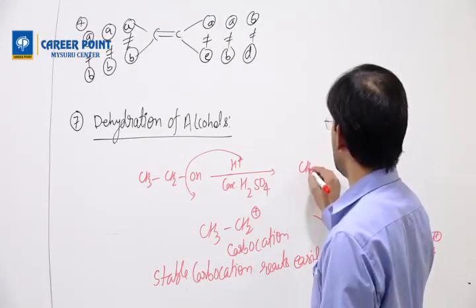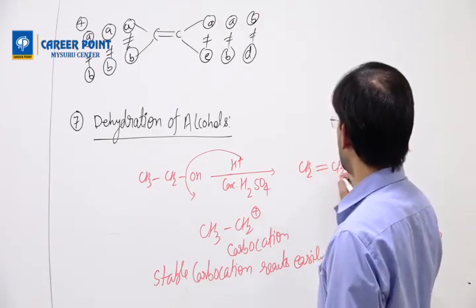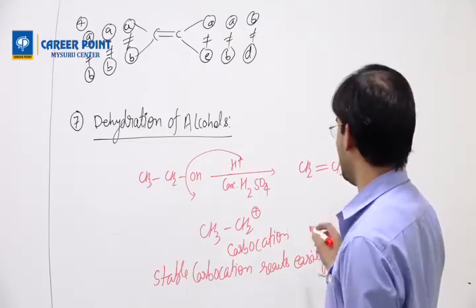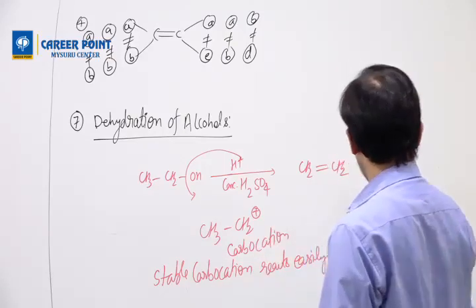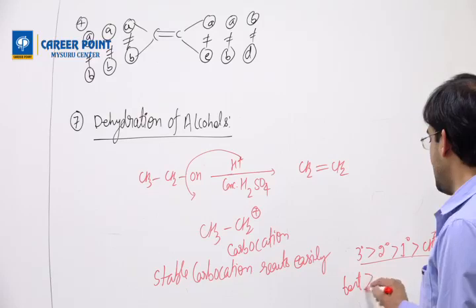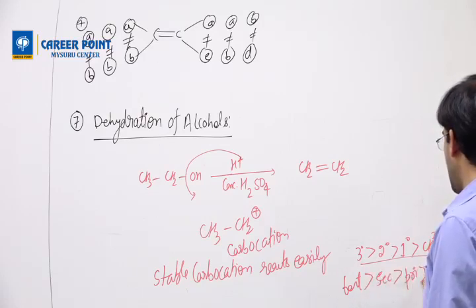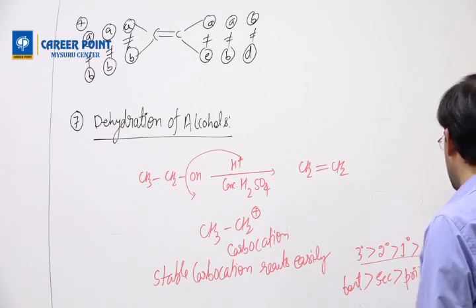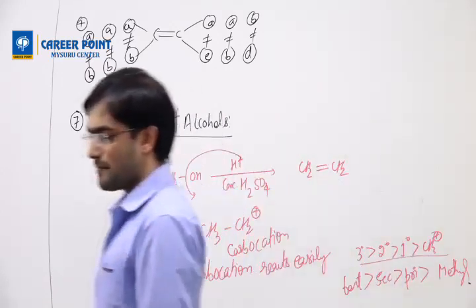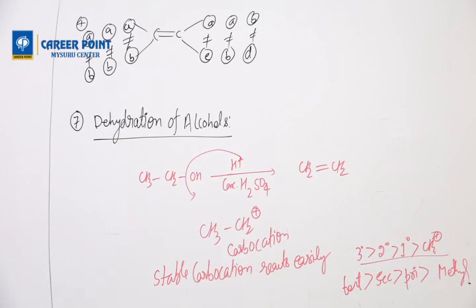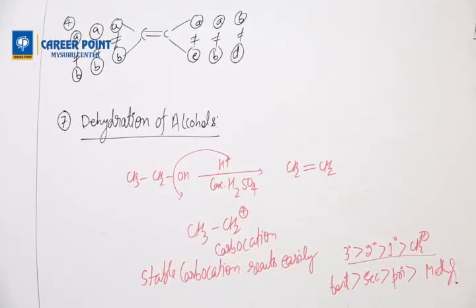Then here we get CH2 double bond CH2. That's how we form alkene. So we should have tertiary alcohol, then secondary alcohol, then primary alcohol, then methyl or methanol. So that is question number 7. Till 7 we are done.